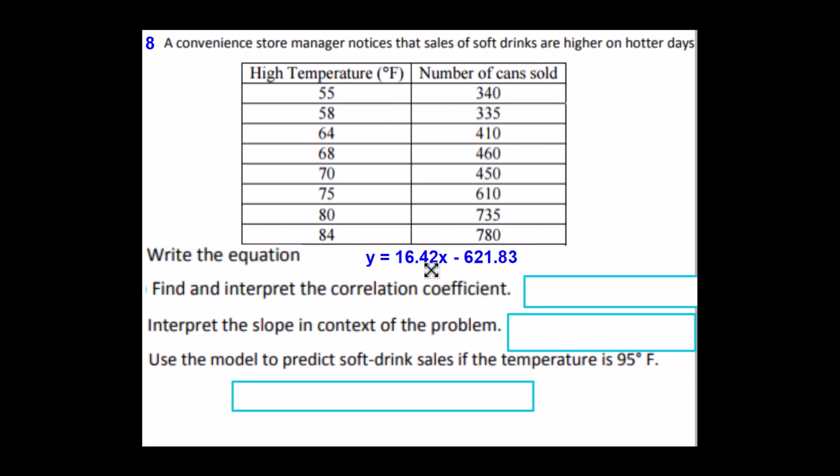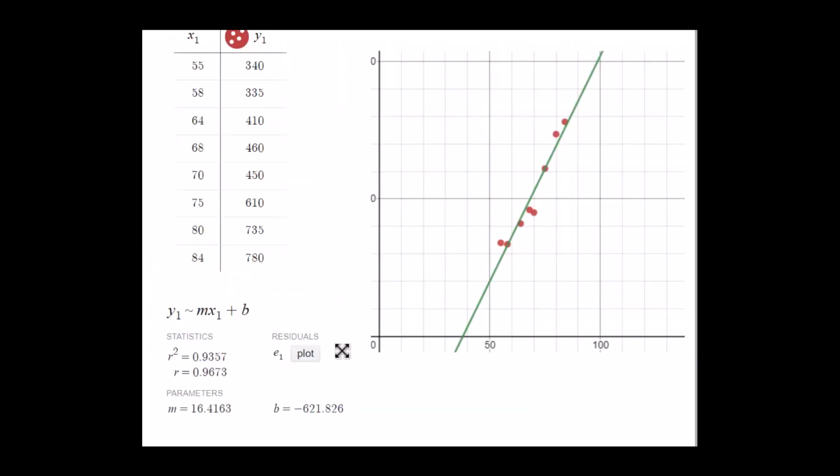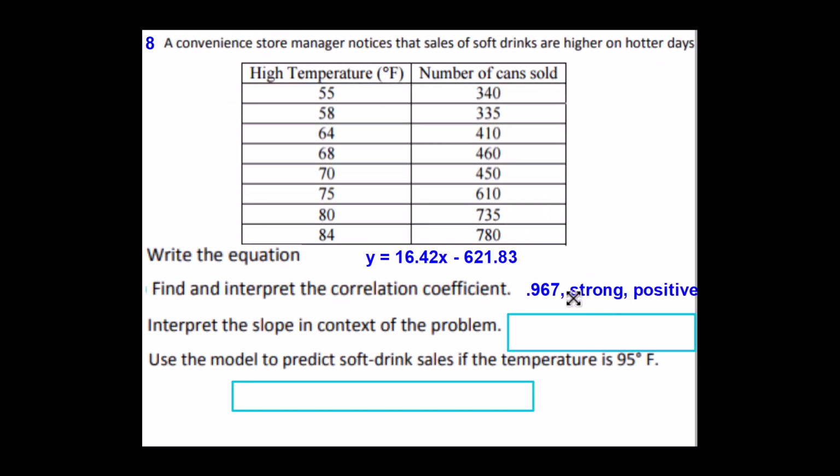The equation, y equals 16.42x, that was our slope, minus 621.83, that's our intercept. Okay, the correlation coefficient, again, here it is right here, 0.9673. That's a strong positive. So we found it. We're going to interpret what that means. 0.9673 is strong positive.